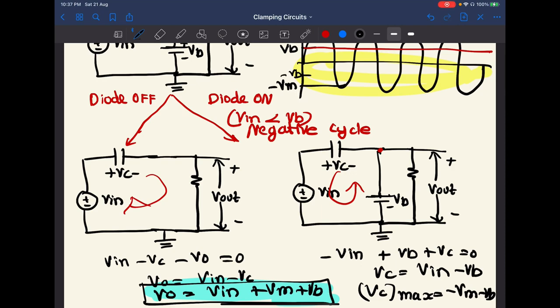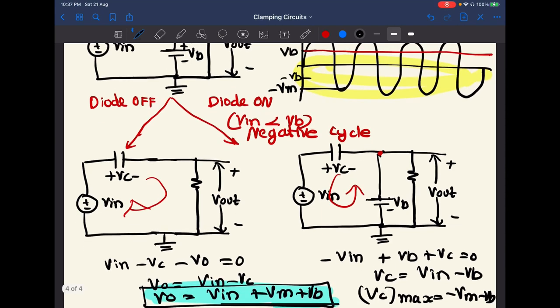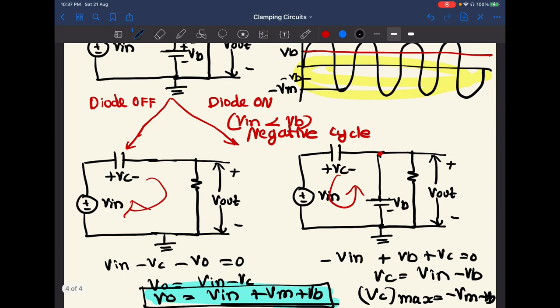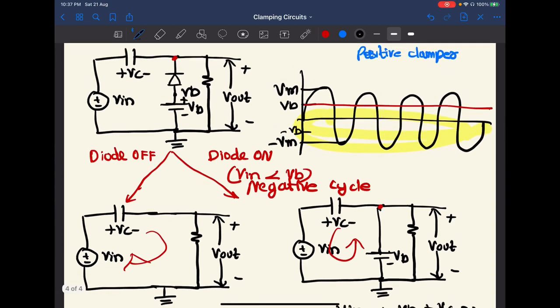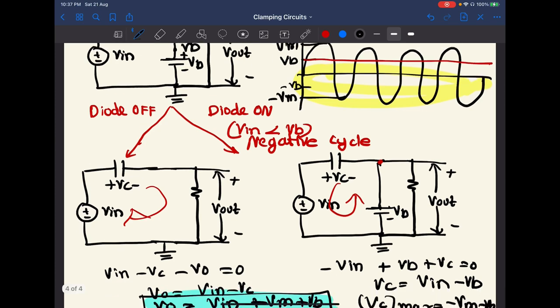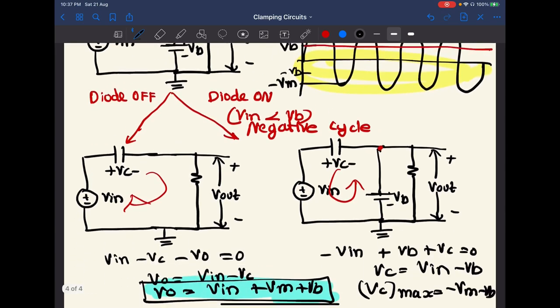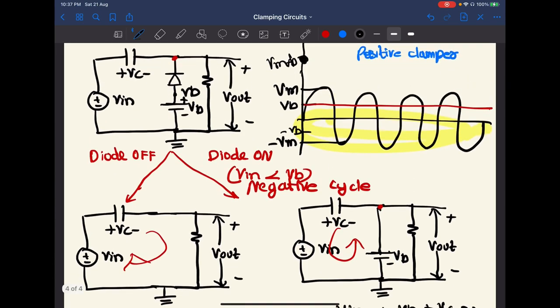When we plot this output equation, when the input voltage is equal to 0, the output is Vm plus Vb. So it will be somewhat like here, in this position, Vm plus Vb. When the input is Vm, the output will be 2Vm plus Vb.